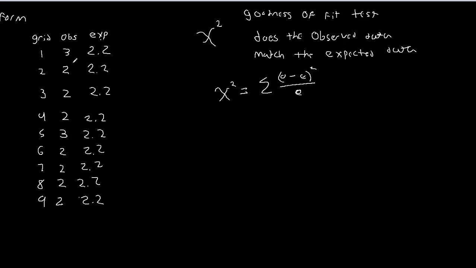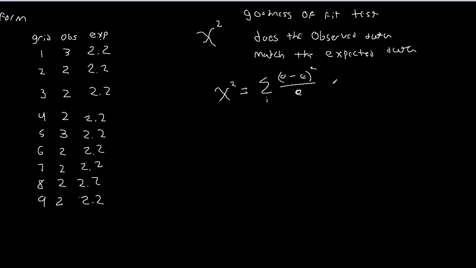So observed is going to be this number here, expected is this number here, and then we're dividing by the expected for all of the grid cells that we have. And then we sum that up, and that's going to be our chi-square.